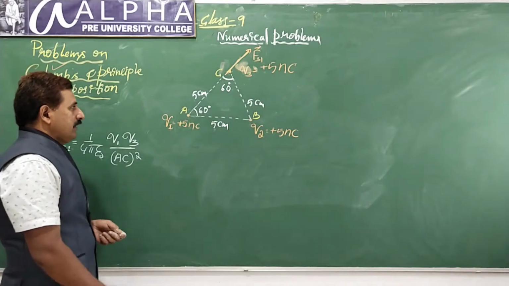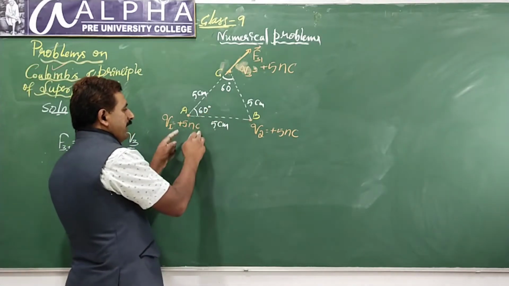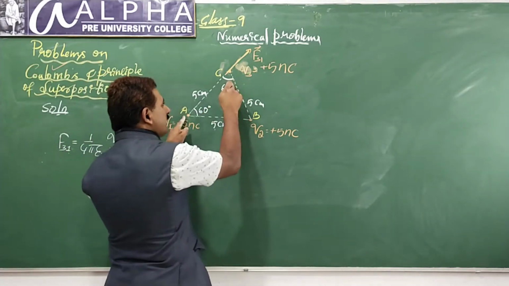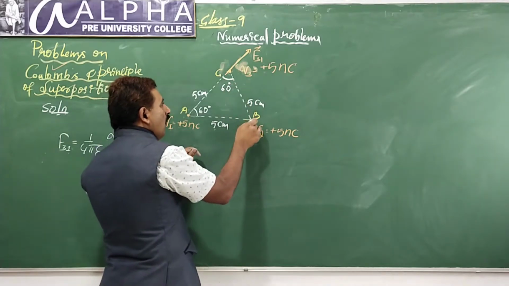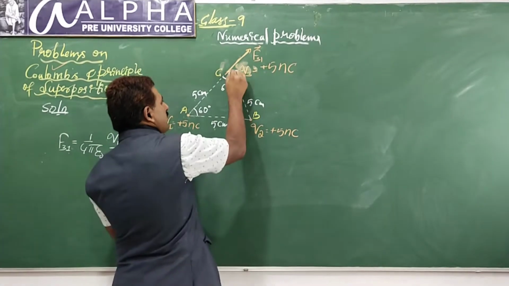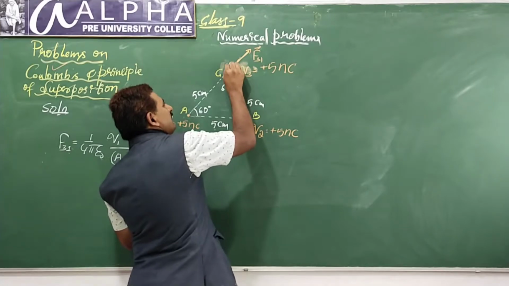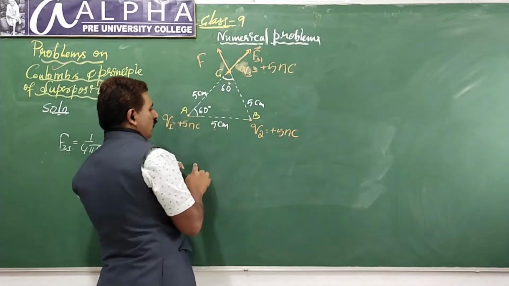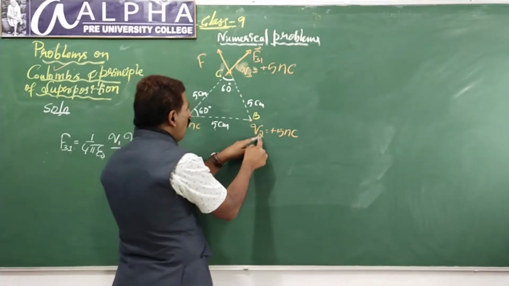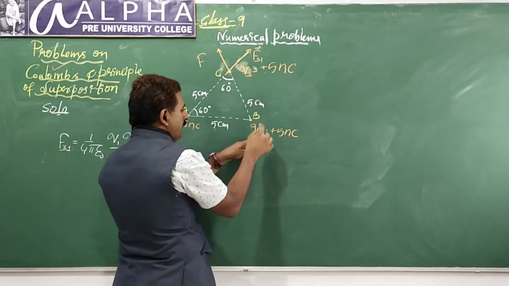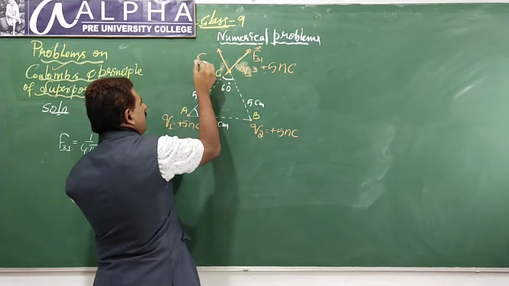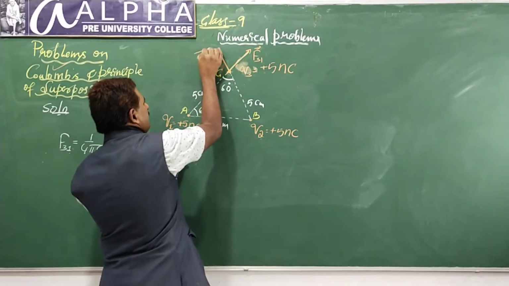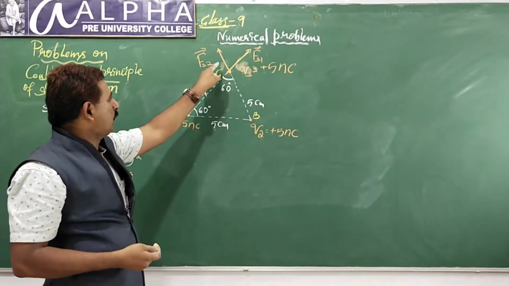We will do that. Similarly, at the same time, Q2 also exerts force, but which way? Along BC. How do you show the direction BC? Extend BC, that's it, very simple, you have done it. So, how do you denote force? That is force on 3 by 2. This is superposition.